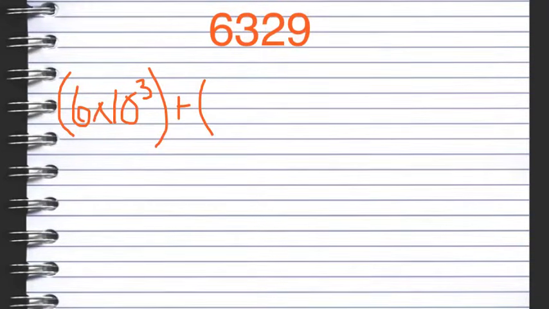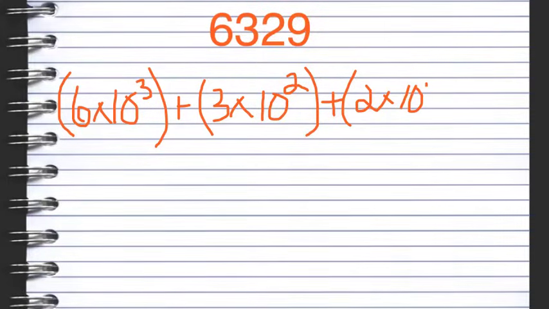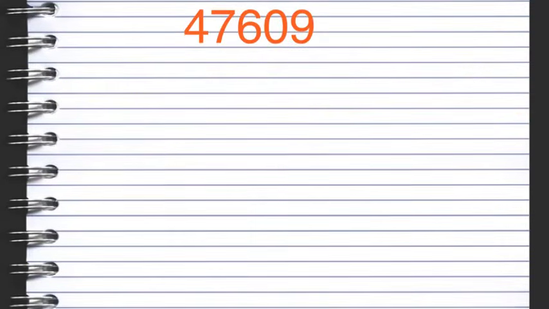Then that 3, I can say 3 times 10 to the second, because there's 2 place values after the 3, plus 2 times 10 to the first, plus 9 times 10 to the 0. And I keep placing these numbers in the parentheses because that means they're grouped together. I want to make sure I keep my place values separated, so I always group them together using parentheses.